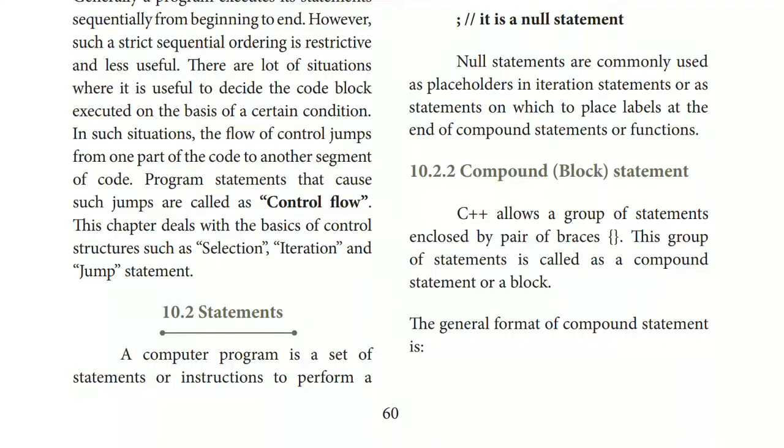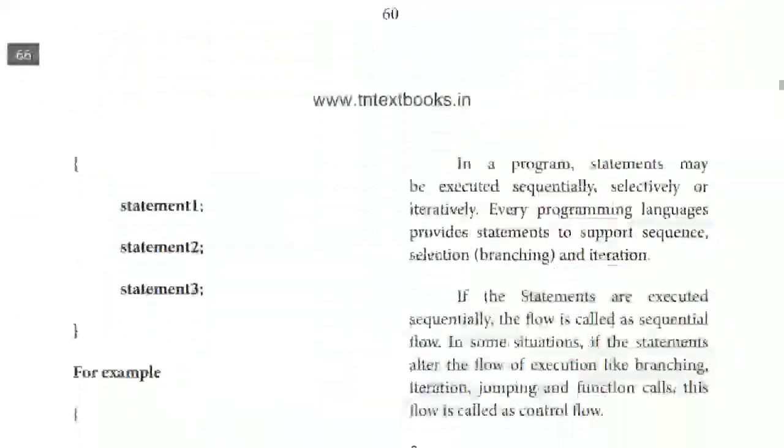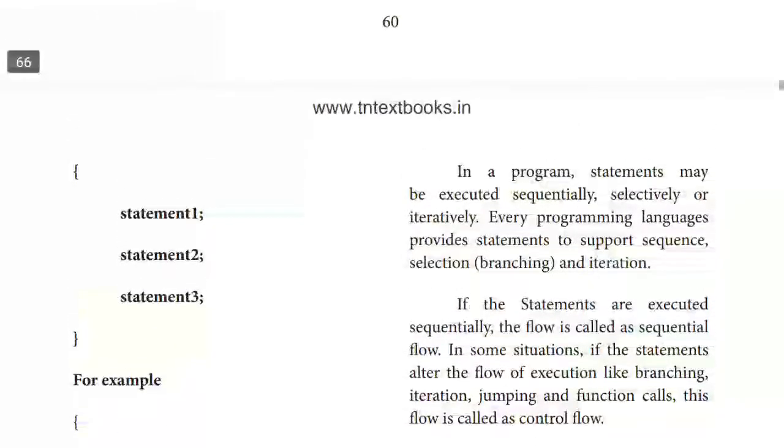This block is known as a compound statement, and it is enclosed with curly brackets at the beginning and curly brackets at the end. Okay, so you can see an example of a compound statement: statement 1, statement 2, statement 3 enclosed with open and close brackets.